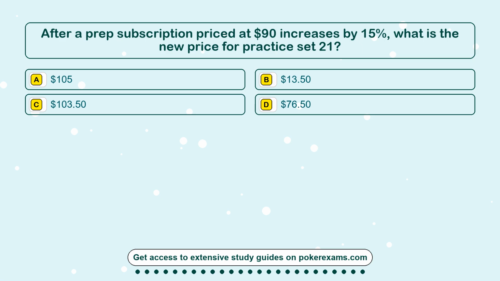Question 3. After a prep subscription priced at $90 increases by 15%, what is the new price for practice set 21? Option A $105. Option B $13.50. Option C $103.50. Option D $76.50.